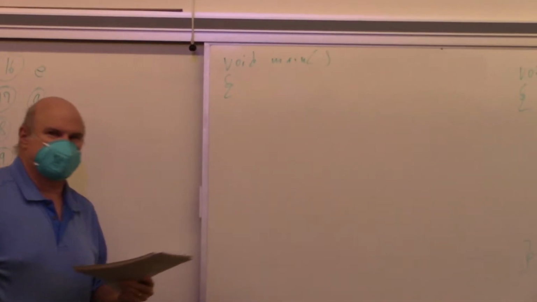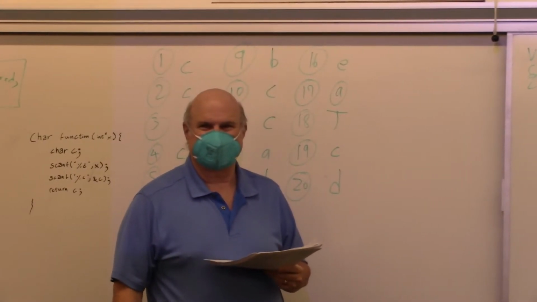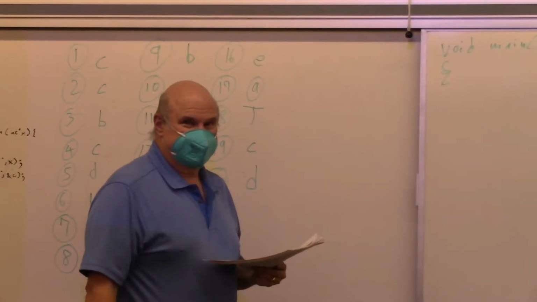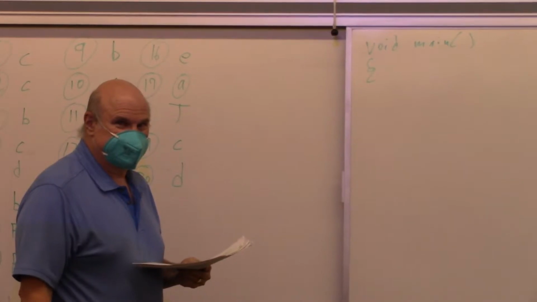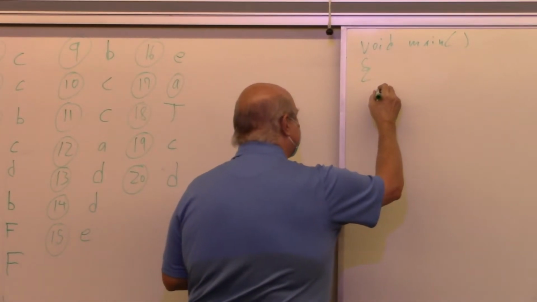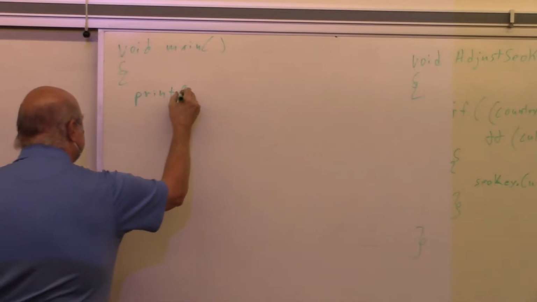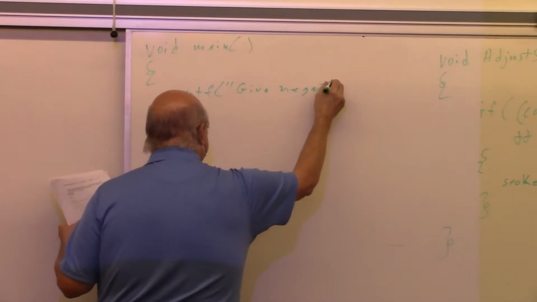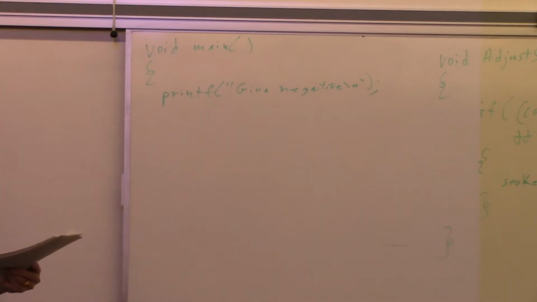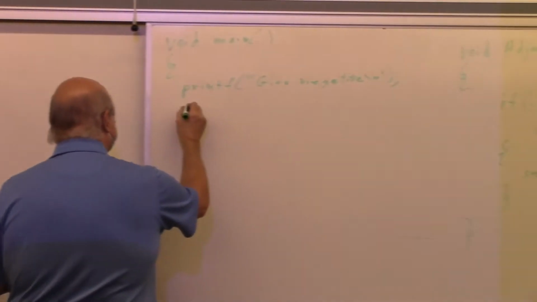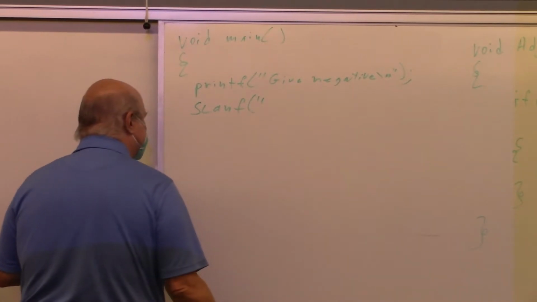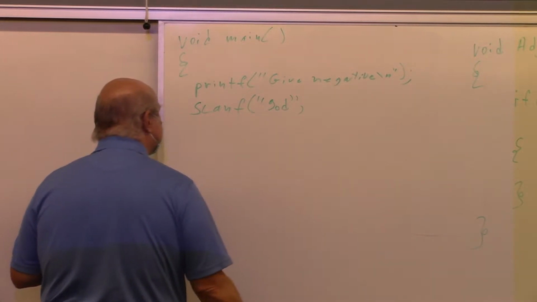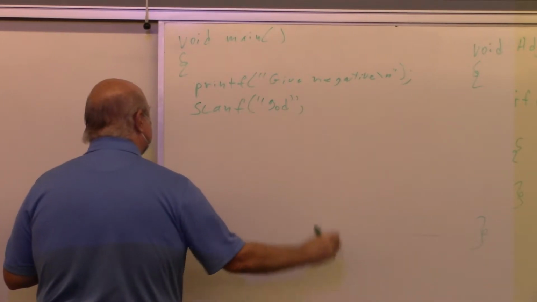Okay, void main. Ask the user for a negative integer. How would you do that? What would you write? Well, to ask the user for a negative integer, first I'd call printf, and I'd give it an argument, "give me a negative integer", semicolon, and then I'd call scanf, and then I'd do %d, and the other argument would be, I totally forgot.